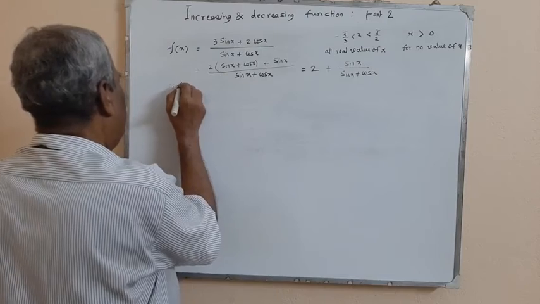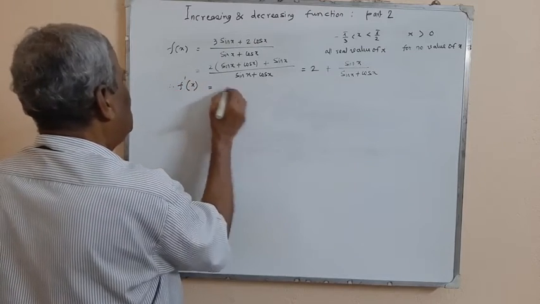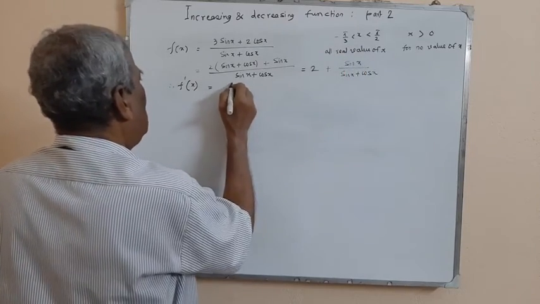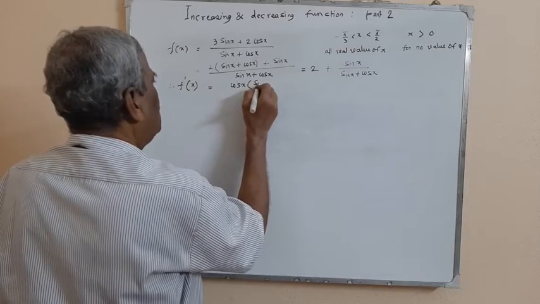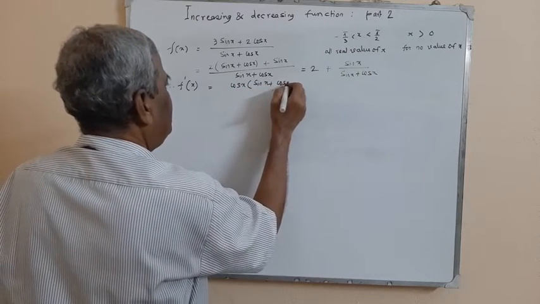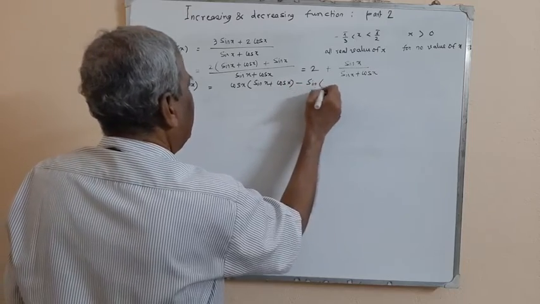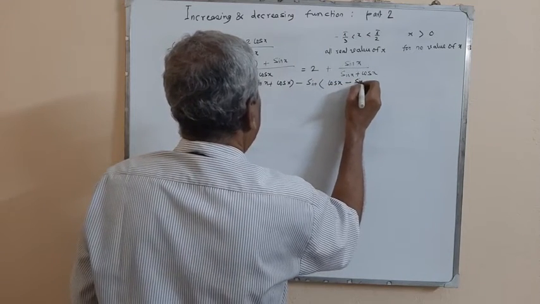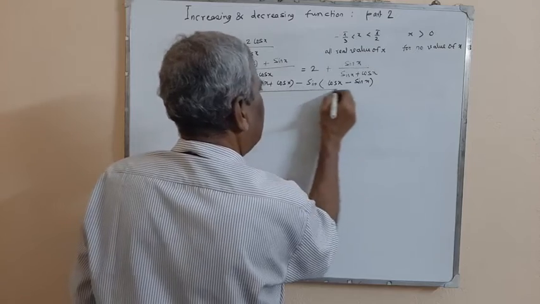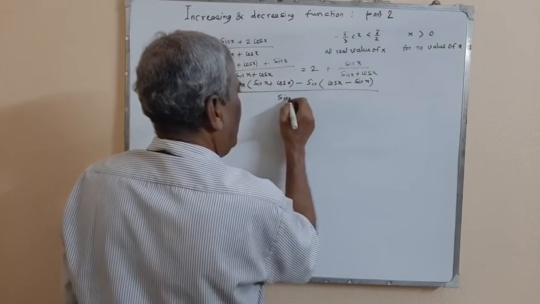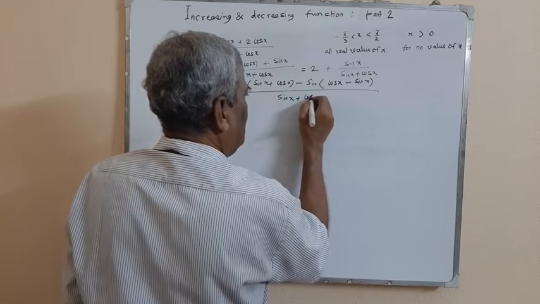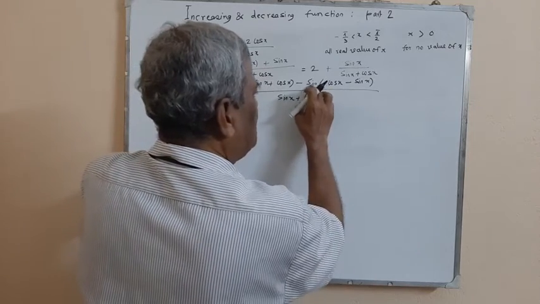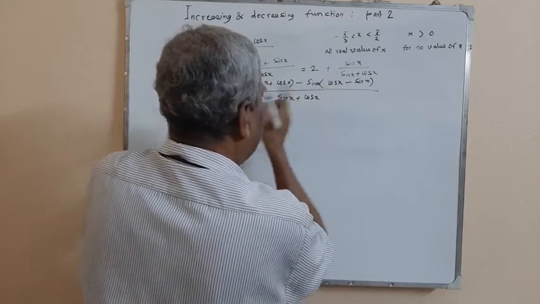Therefore, f dash x is equal to 0 plus derivative of that, cos x into the denominator, minus sin x into the derivative of the denominator, cos x minus sin x, all by (sin x plus cos x) whole square. Now sin x cos x and minus sin x cos x cancel.